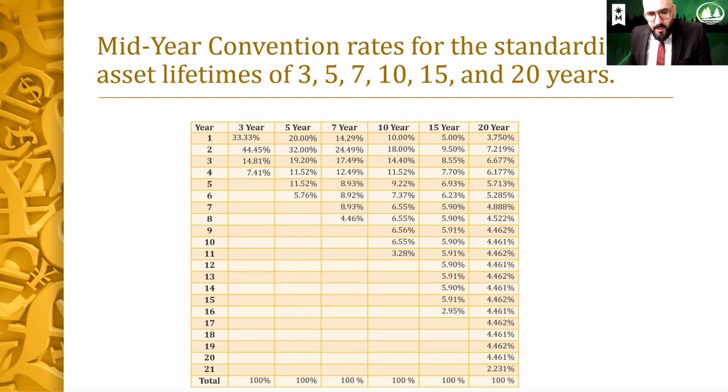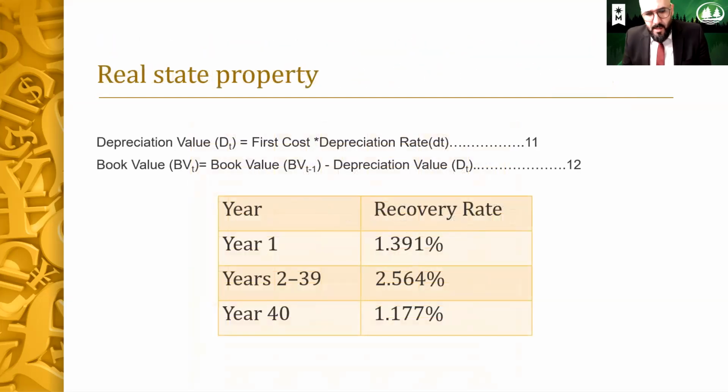Now, talking about real estate property, the IRS provides a 39-year recovery period for real estate. The rate for the first year would be 1.39%. From year 2 to 39 it would be 2.56% depreciation rate, and on year 40 it would be 1.17%.